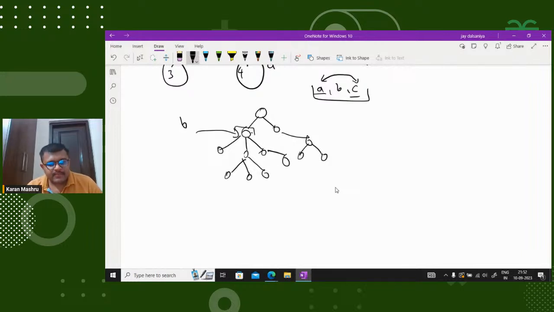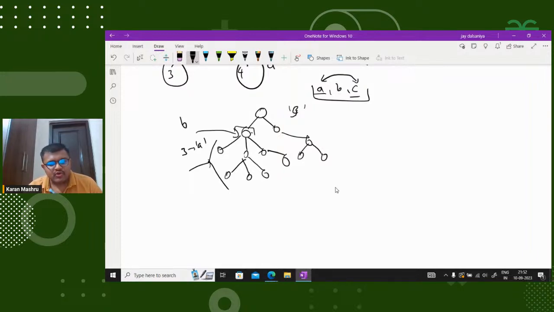Suppose in the child subtree of this node I have 3 A's, and in the remaining part I have 3 A's.